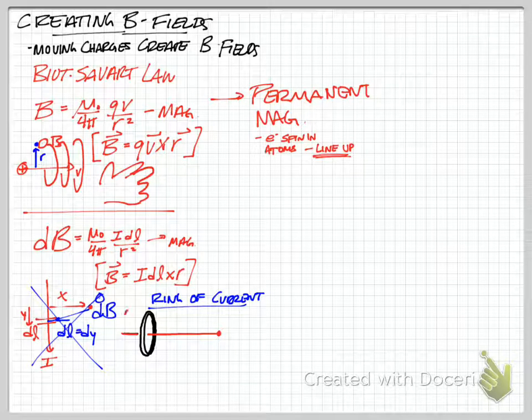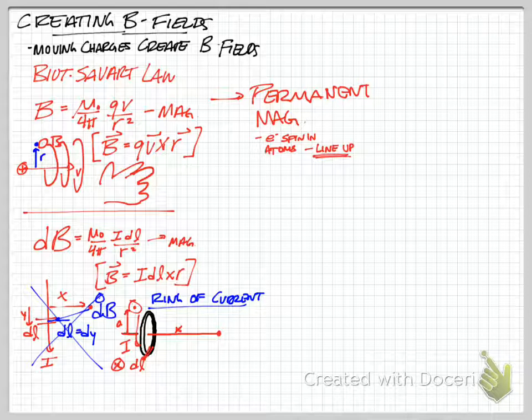We'll say this thing has a radius of a, and we'll say that our point is a distance of x away. So if this bottom piece is my dl, my current is into the page at the bottom and out of the page at the top. That's going to let us talk about the magnetic field at this point.